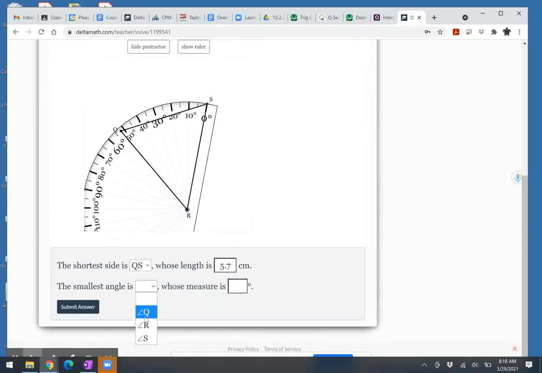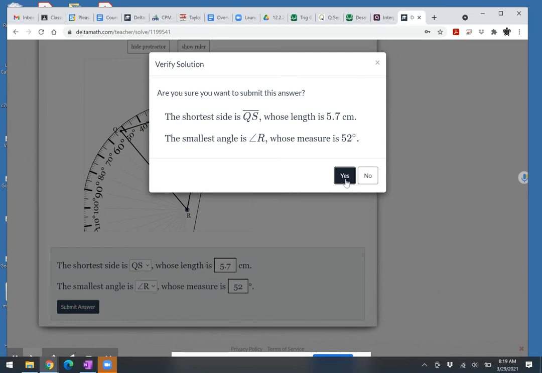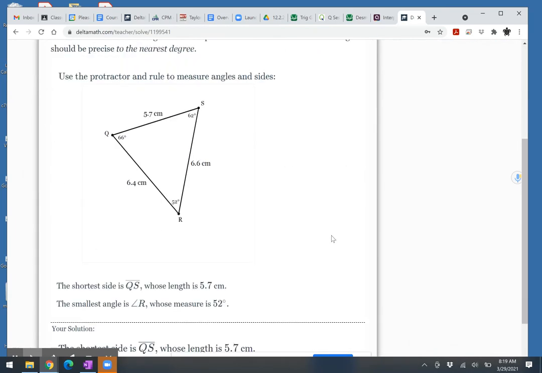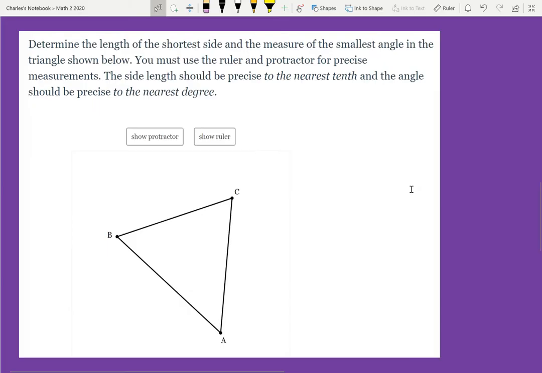So the smallest angle is angle R, whose measure is 52 degrees. I got it. So you have to play with those a little bit, but the difficulty is not about a formula that you know or you don't know. It's just about moving things around and getting them right. Makes it a good type of problem.